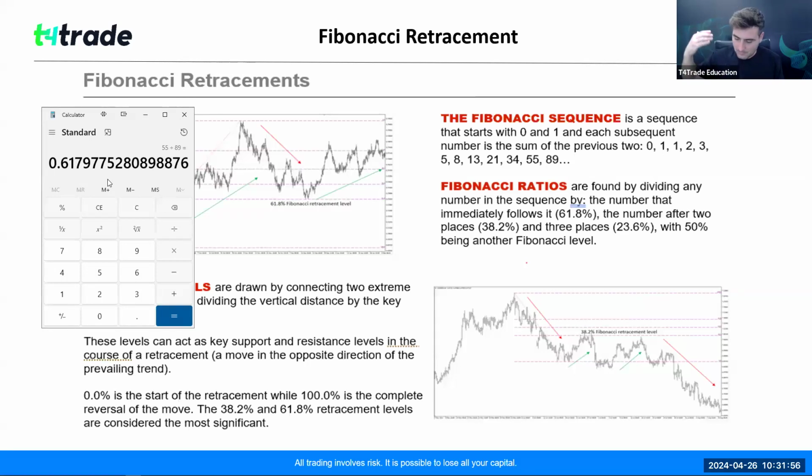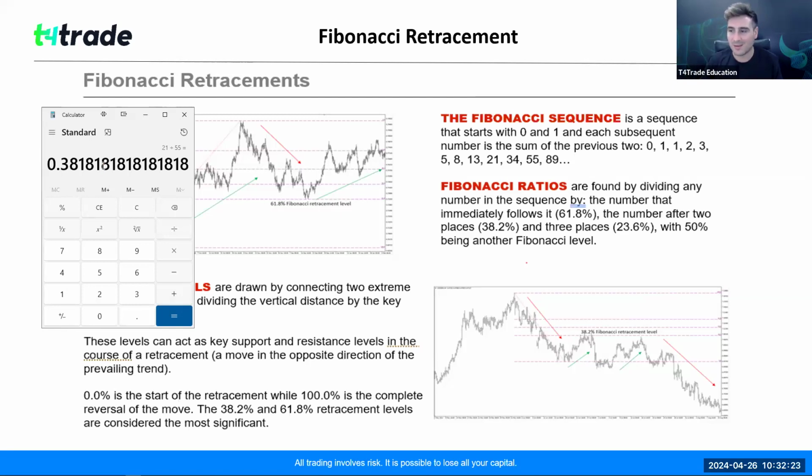Once you divide that number by the one that immediately follows it, you get 0.618. And when you do the same thing, for example, with 21, dividing by the number two places forward, which in this case is 55, you get what we call 0.382. We round that up to 38.2.